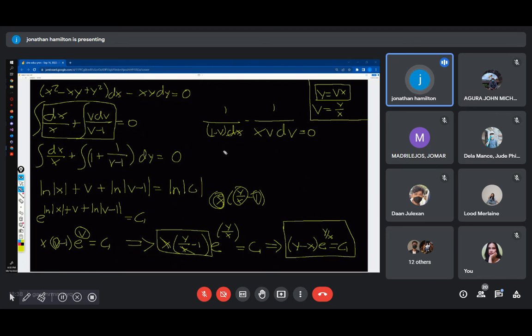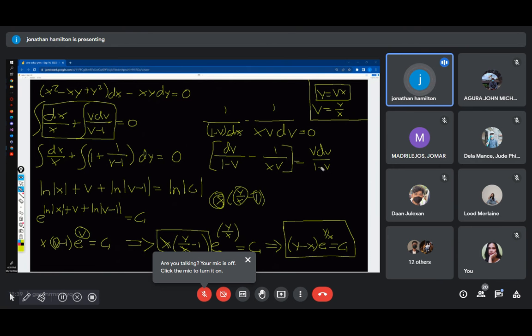Multiply with dx, and it disappears. We're left with dv over 1 minus v minus 1 over xv. Since we have xv here, we multiply by v so it becomes v dv over 1 minus v.